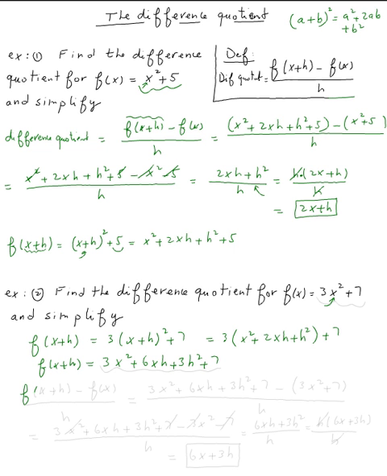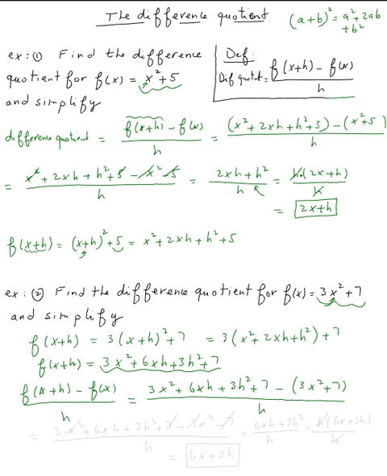Now the formula says we need to find f of x plus h minus f of x over h. F of x plus h is already found, it's right here, so let me write it down. 3x squared plus 6xh plus 3h squared plus 7, minus my f of x, which is right here, 3x squared plus 7, divided by h.